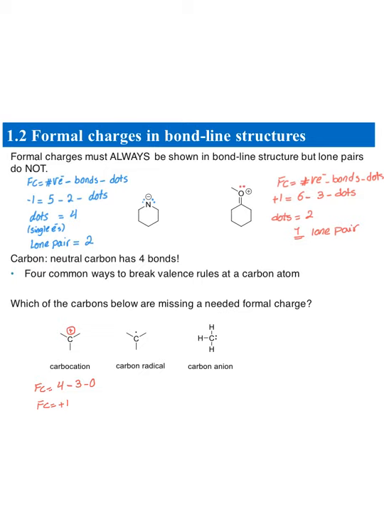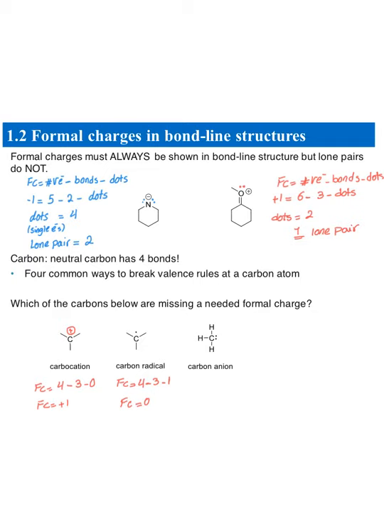Carbon radical. Again, carbon has 4 valence electrons, it has 3 bonds, and it has 1 dot. So the formal charge here would be 0. Carbon radical is always neutral.